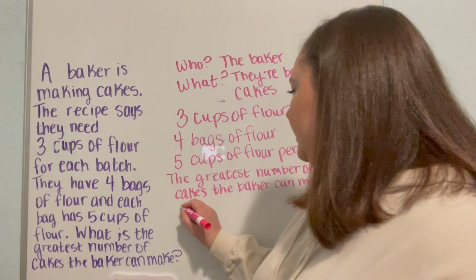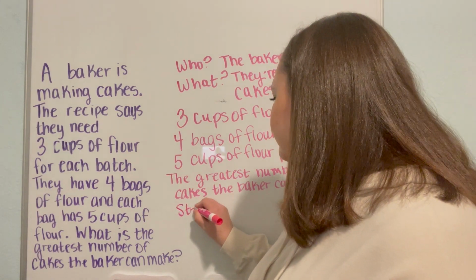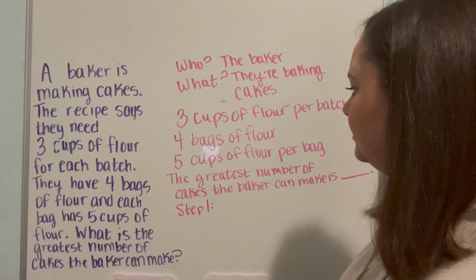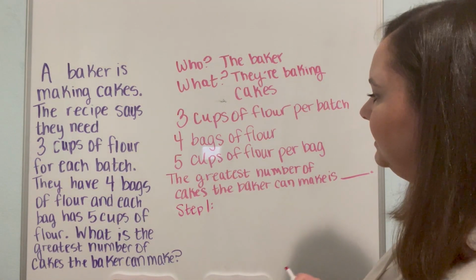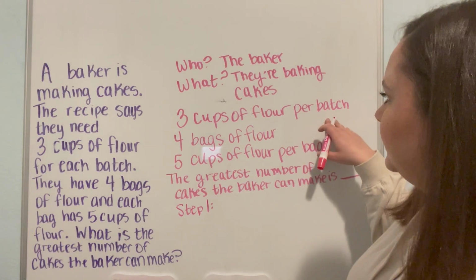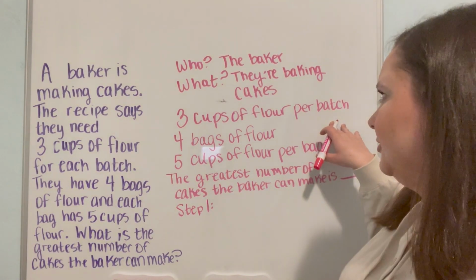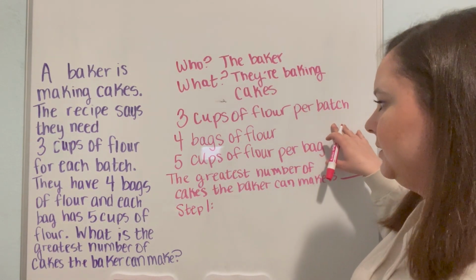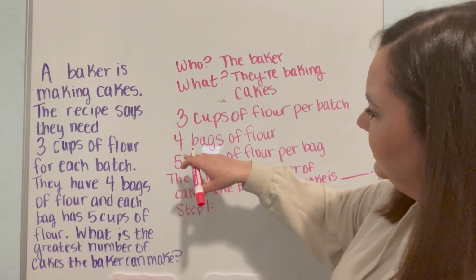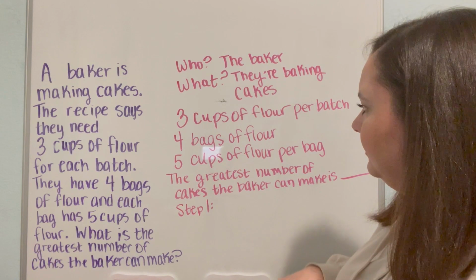So for step 1, I'm going to figure out what my problem needs to be in order to find the total cups of flour. So looking at my numbers here, I have 3 cups of flour per batch. That's not going to help me figure out the total, so I'm going to disregard that one for right now. Let's look at the next one. We have 4 bags of flour.